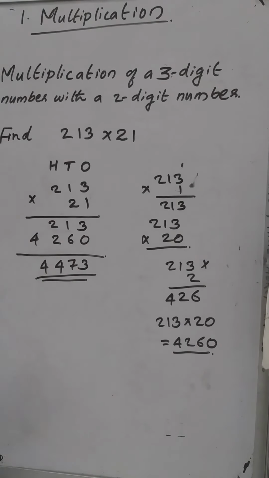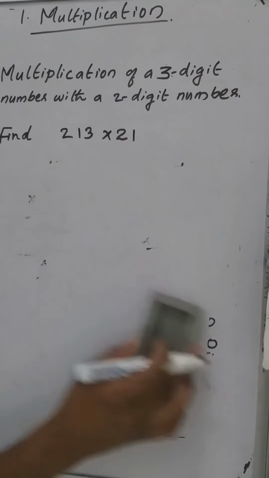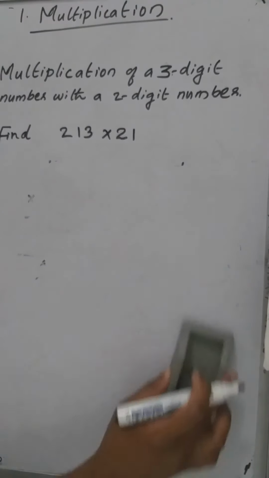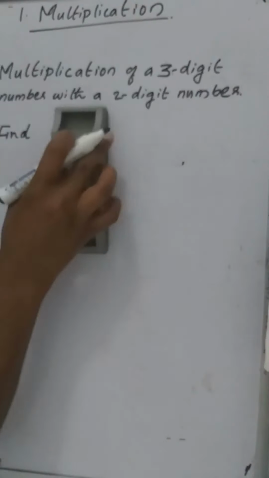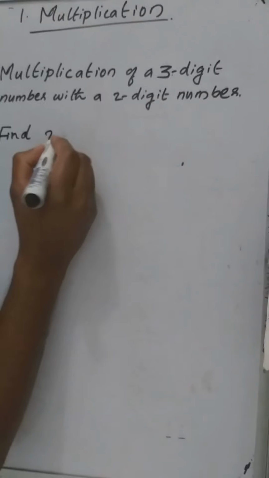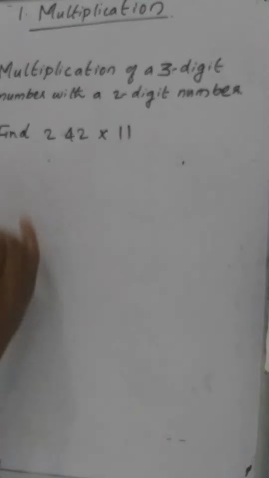Let's do one more example. Find 242 by 11. 242 multiplied by 11.